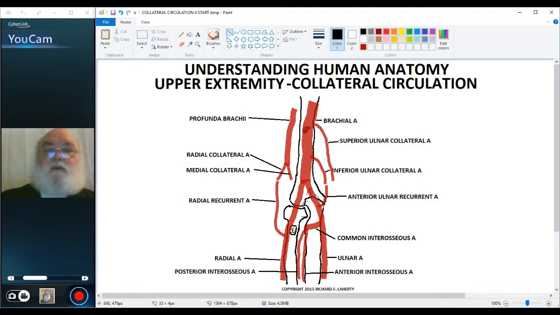And we have another branch from the radial, and we have another branch from the ulnar, the posterior ulnar recurrent.